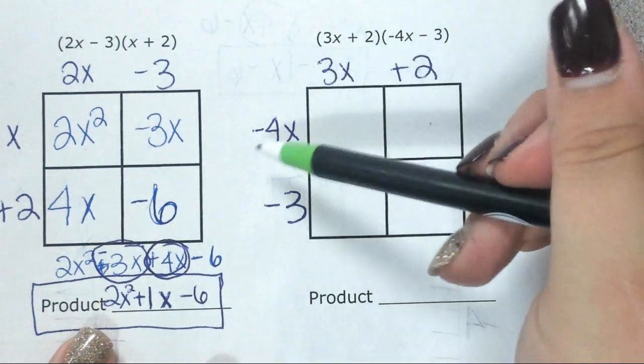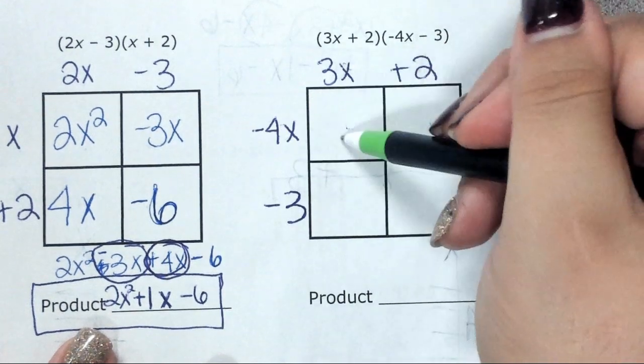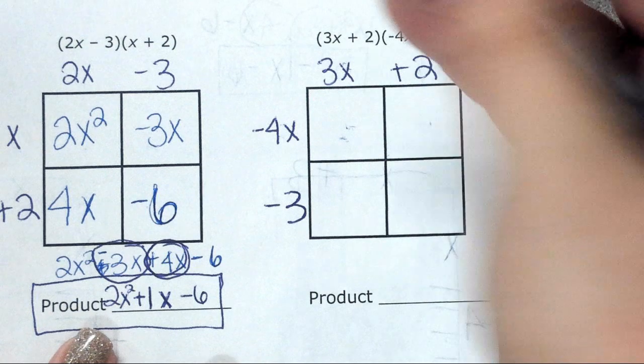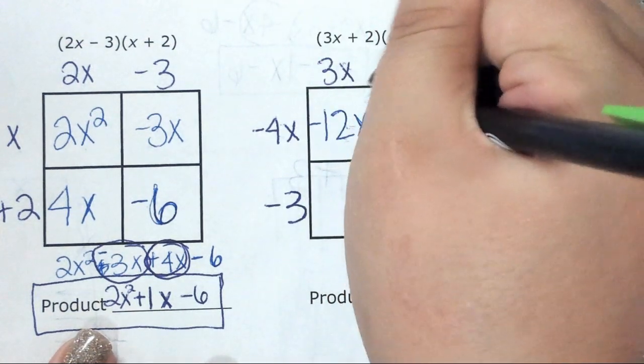All right, 3x times negative 4x. What are those going to give me? Negative 4 times 3 is negative 12. And then x and x is x squared.